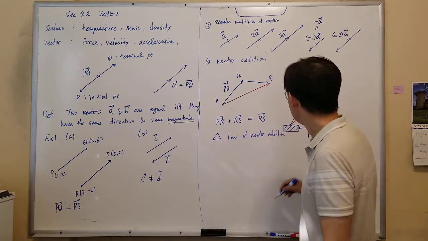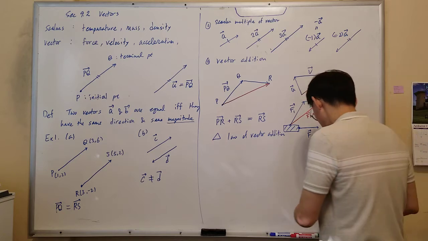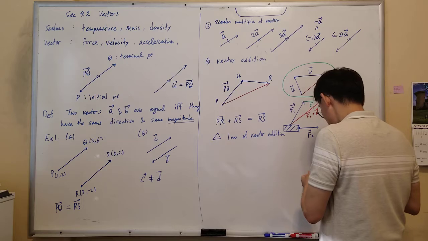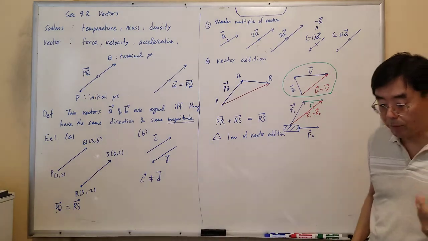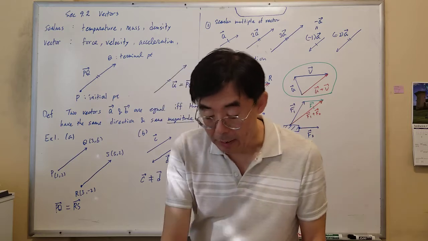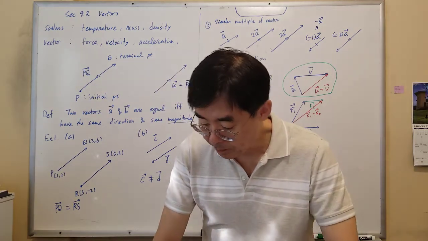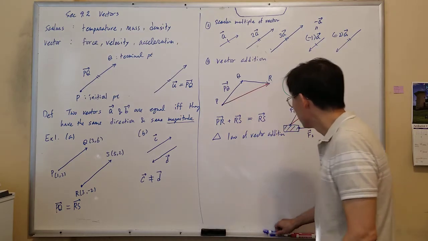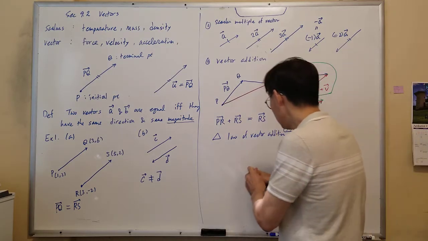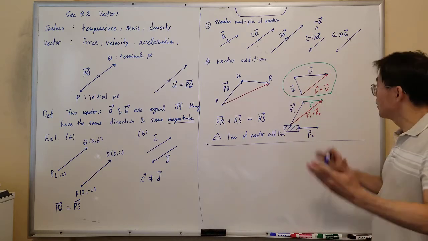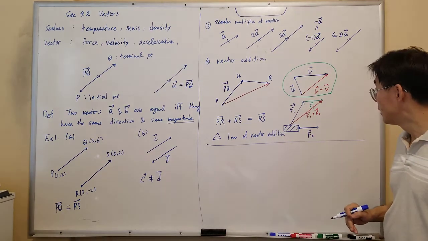So this just shows how we do this. You just draw two vectors back to back. Now, there is a slightly different way of describing the sum of two vectors, but essentially the same thing.